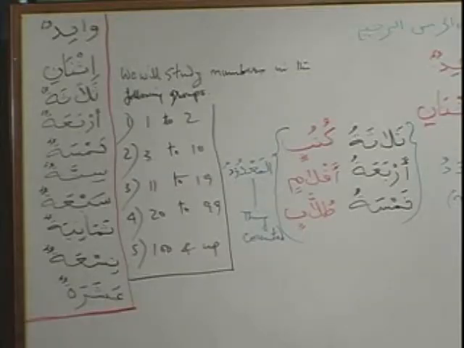Tis'atu rijalin. Asharatu rijalin. Now if you write it out, say about 8 of them, inshallah, you will be able to understand it. It's not difficult. We will do it now and we will repeat it tomorrow, inshallah. Now we go to our main lesson.